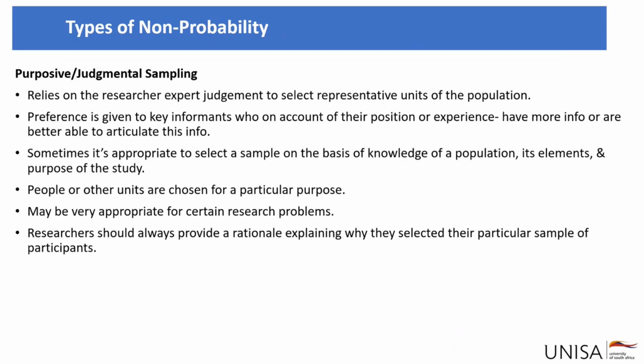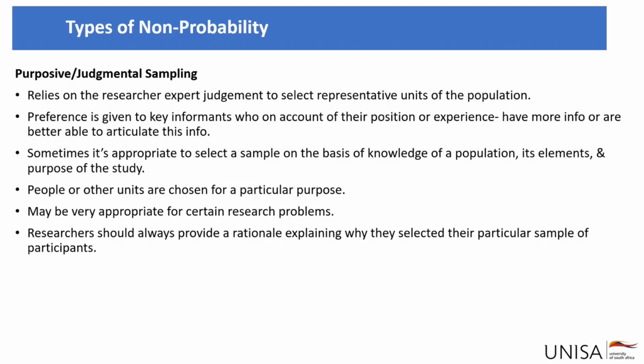The purposive or the judgmental sampling. This sampling type relies on the researcher's expert judgment to select representative units of the population. Here, you sit and you say, I am simply going to select certain participants or units of analysis from the population in its entirety.